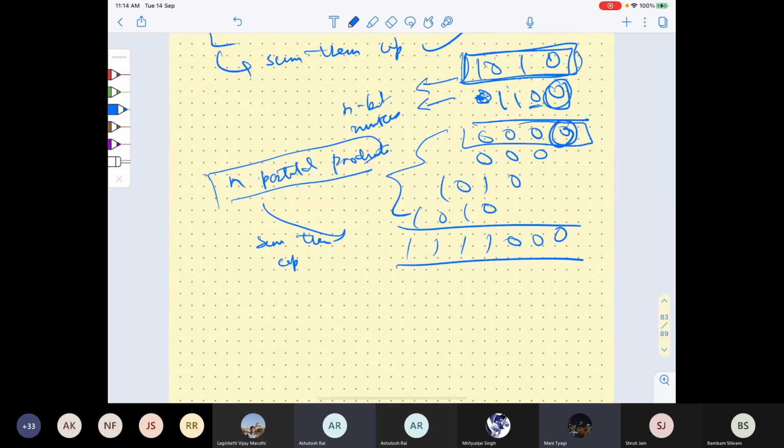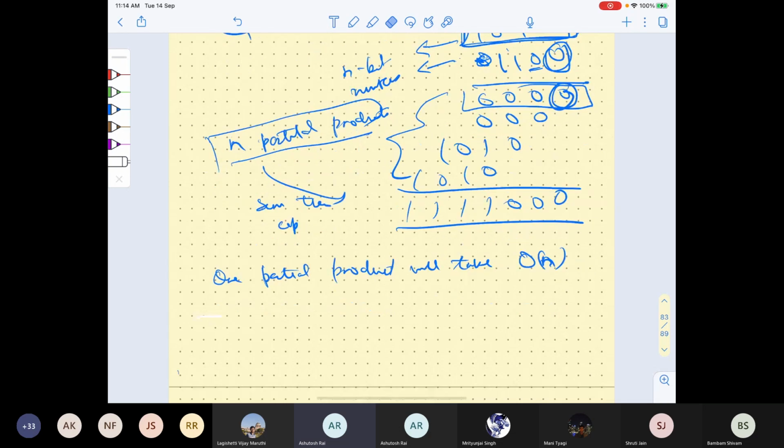You multiply the number of digits. So one partial product will take order n time, because basically it will be order n many multiplications.